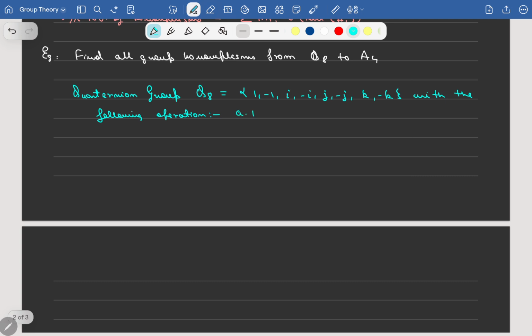So I can write a times 1 is equal to a is equal to 1 times a, so 1 is the identity here. a times minus 1 is the same as minus 1 times a, which is equal to minus a here. Please do not attach any additive consequence to minus in this particular case, because the significance of minus doesn't hold additively at this point.